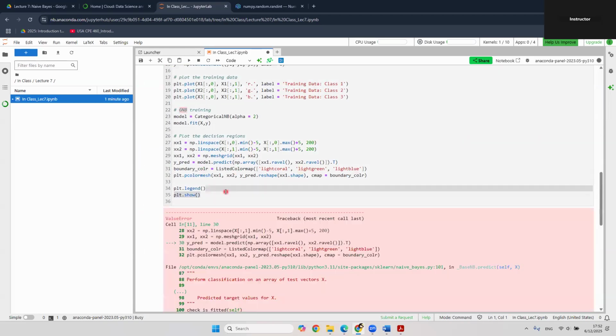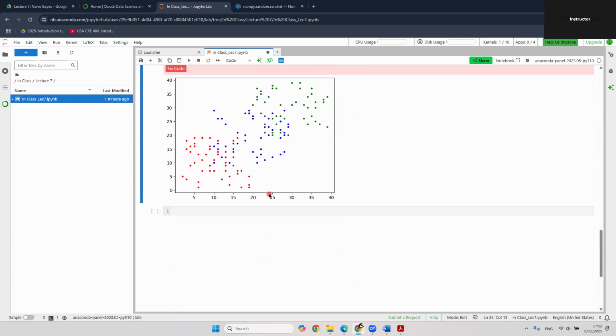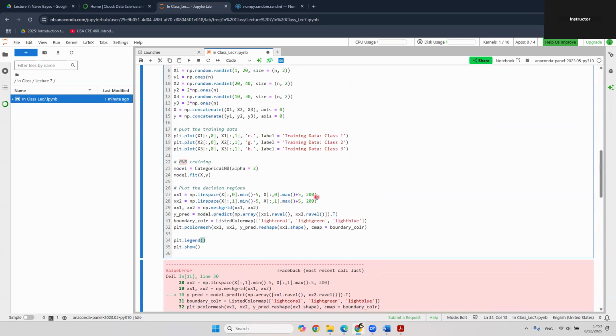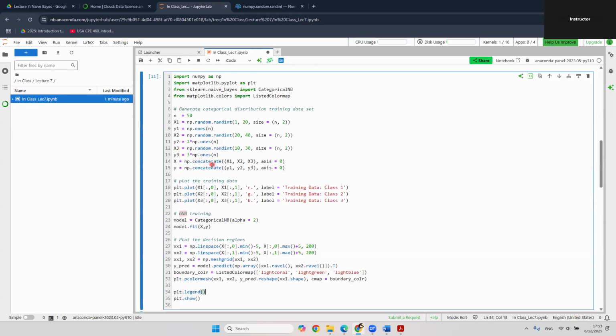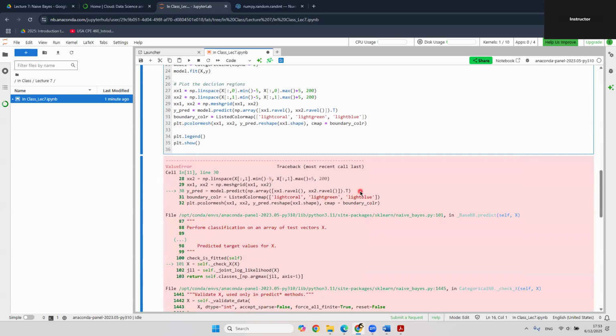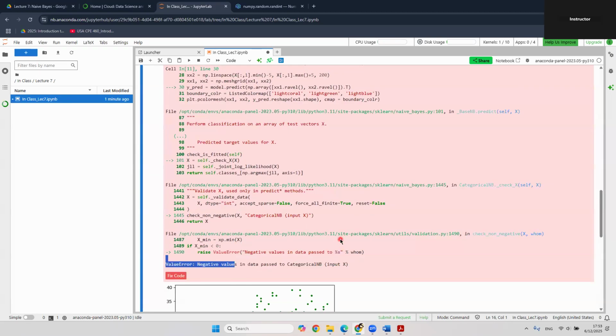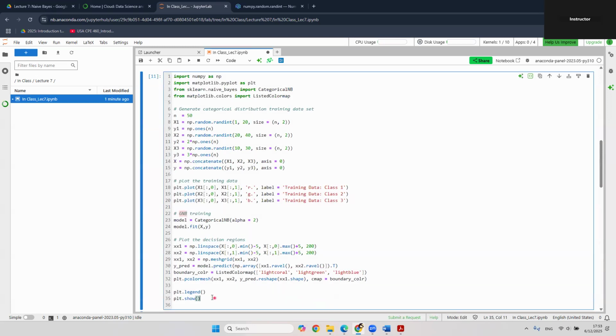I'm running here, right? Not the previous cell. Okay, so now negative. Why still negative? That doesn't make sense. Now I should not have any negative numbers. How could I have negative numbers here?